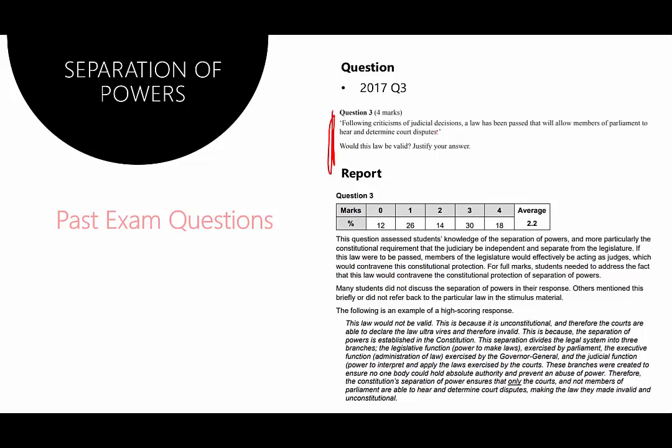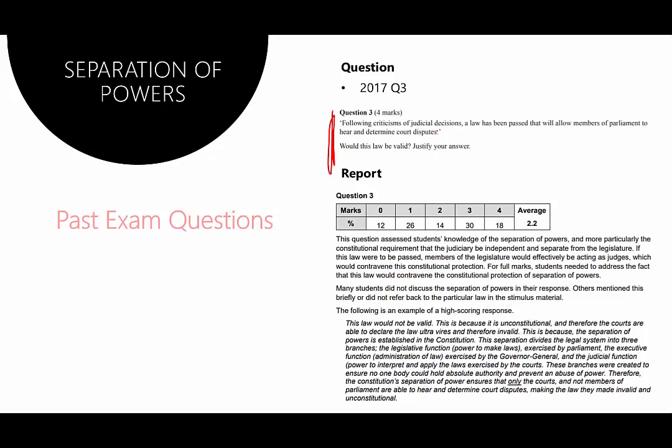And more or less, if you take judicial power, which is hearing court disputes, and you legislate that away from the courts and to members of Parliament, you're breaking the separation of powers, which you can't do.